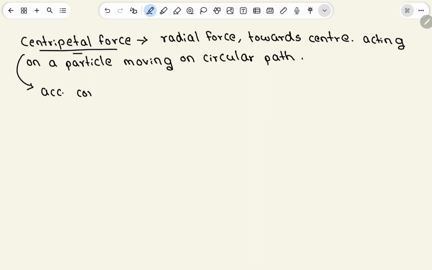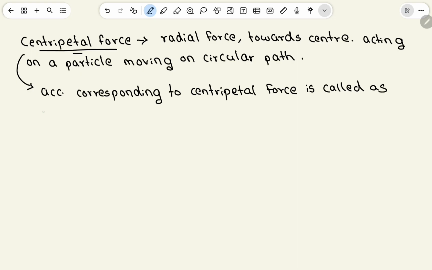Acceleration corresponding to centripetal force is called as centripetal acceleration, and it is radial and towards center.